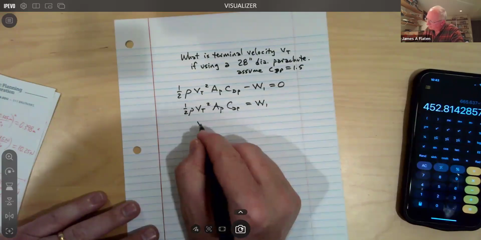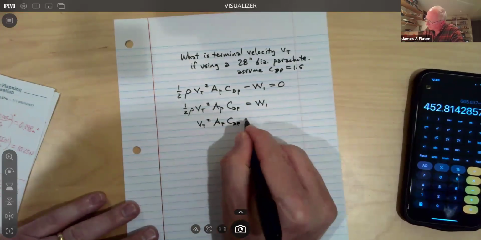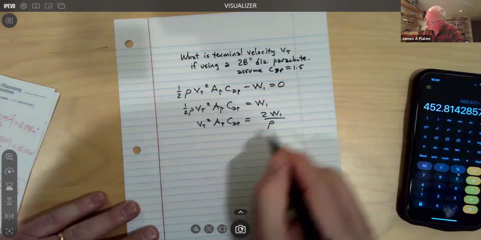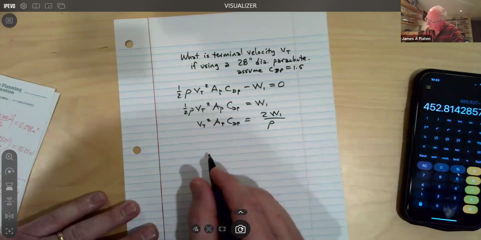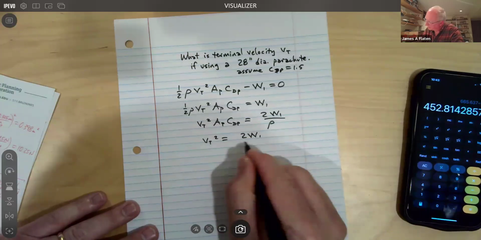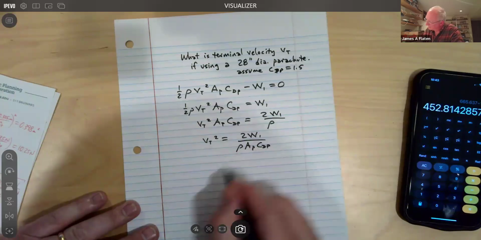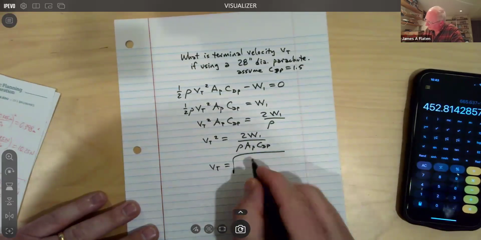And so that would give me VT squared. The A is still over here. The C is still over here. And I have 2 times W1, and I have rho on the bottom. And now I guess I could divide both sides by A and by C. So I get VT squared is equal to 2 W1 over rho, also over A, over C_D. And then if I want to solve for VT, I just take the square root of all of that.